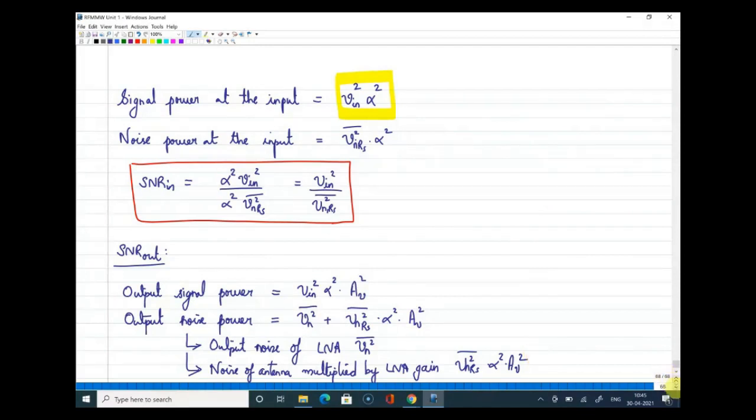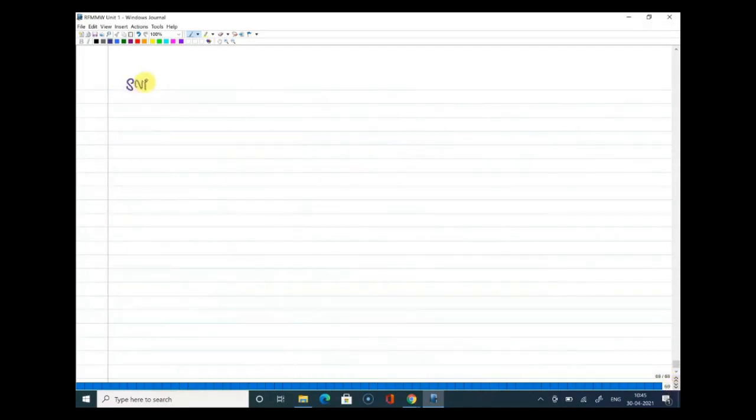If that is the case, I can directly write SNR out. SNR out is equal to the numerator, the output signal power, which is alpha square into Vn square into Av square, divided by the output noise power. There are two components: Vn square bar plus alpha square into Vn Rs square bar into Av square.